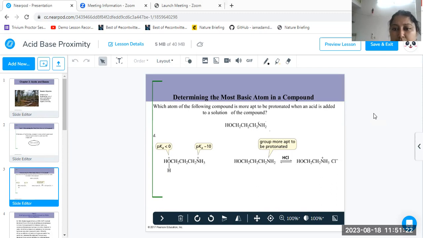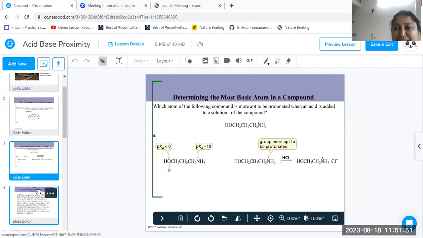So the most basic group in this compound would be protonated first. Based on that conclusion, we will say that the amine group would be the weaker acid and hence would be a stronger conjugate base, which is more stable and hence more apt to be protonated. Yes, Student A, good job.